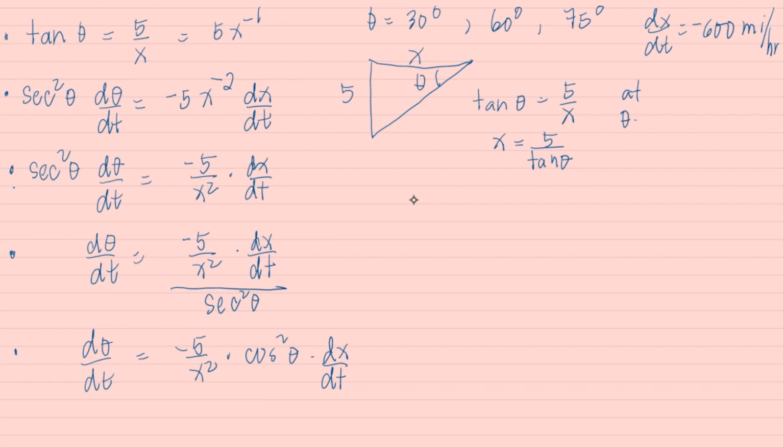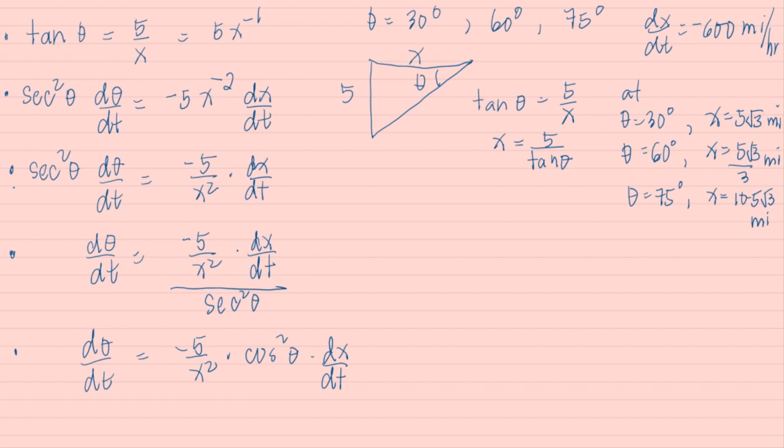At theta equals 30 degrees, we will find that the value of x at this angle is 5 square root of 3 miles. At theta equals 60 degrees, the value of x is 5 square root of 3 over 3 miles. And then when theta is 75 degrees, we get that x is 10 minus 5 square root of 3 miles. So how did we get this?